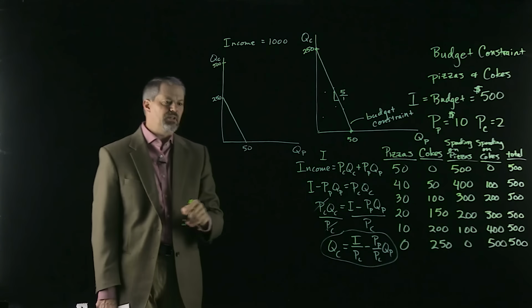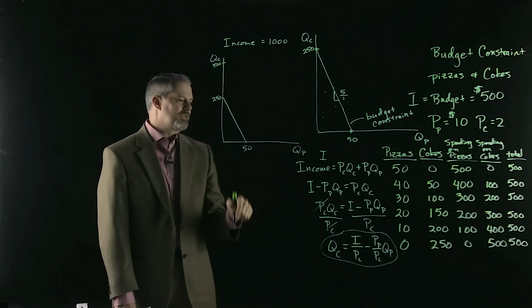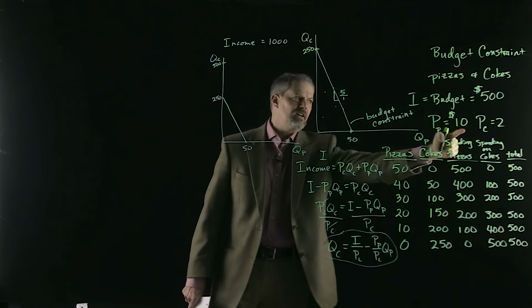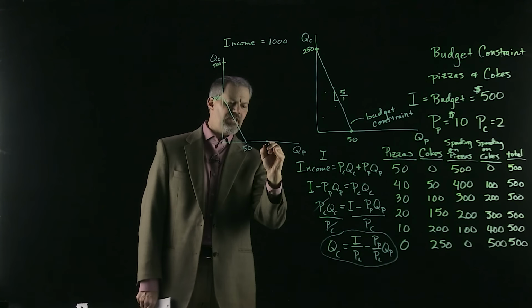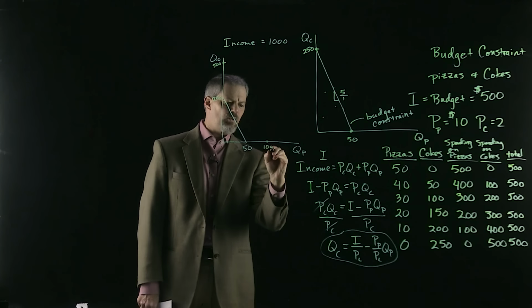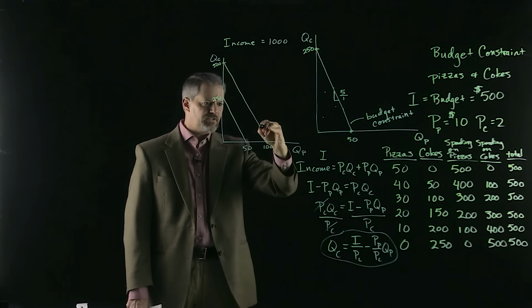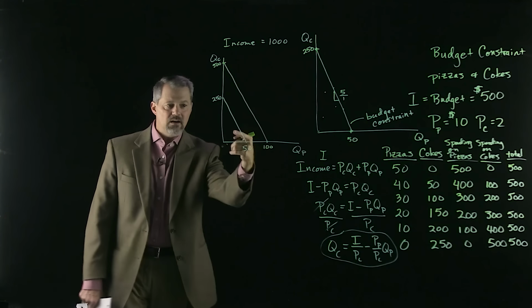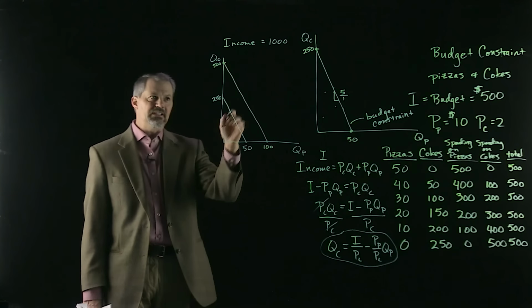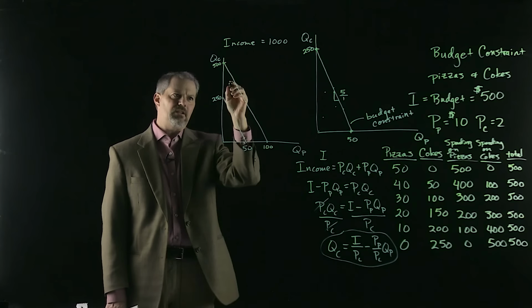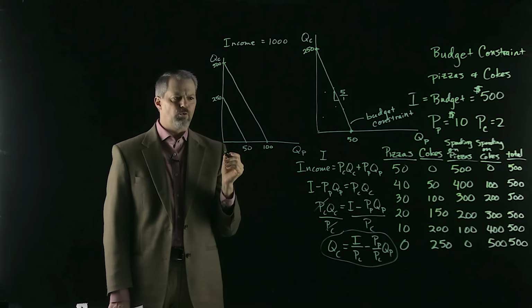Or if we were to spend all of our money on pizzas and we've got $1,000, then if a pizza costs $10, we can buy 100 of them. So instead of being 50, our end point would be 100, and if we draw that, we get a budget constraint that is parallel to the old budget constraint, and it shows us that now with twice as much income, we can consume a whole lot of bundles that weren't affordable before.